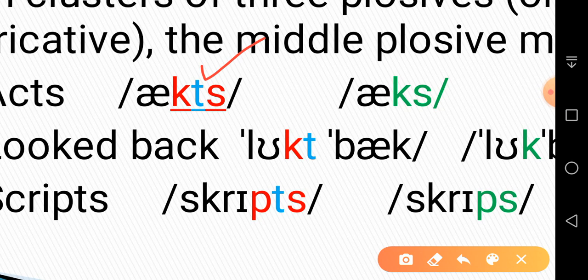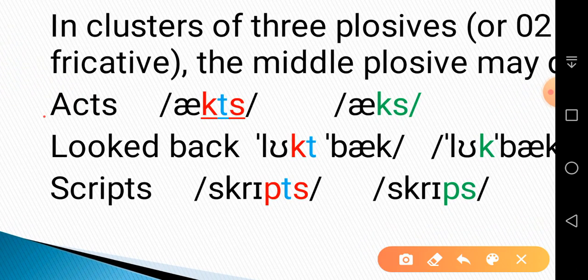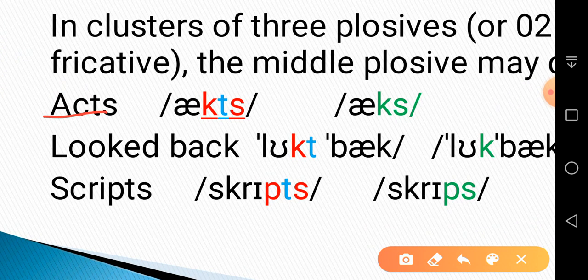So we will have ultimately acts. Because it demands a lot of effort, and our principle is economy of effort, in spoken English, in connected speech, when we are speaking at a fast pace, we'll say acts of omission.